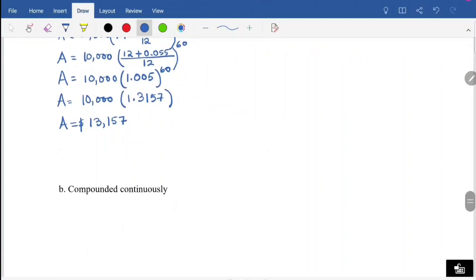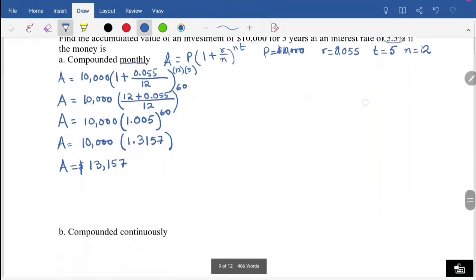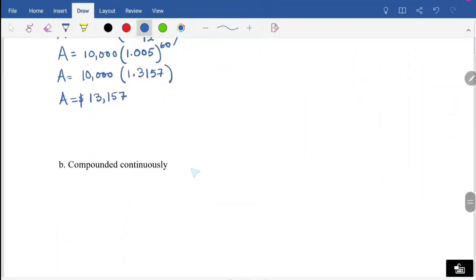For compounded continuously, we have to use the second equation given to us, which is A equals P times e to the power r times t. All right, so let's write that down. A equals P times e raised to the power r times t.